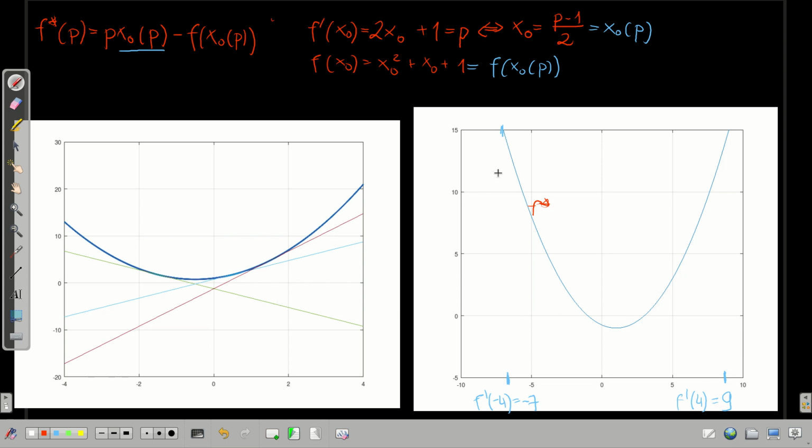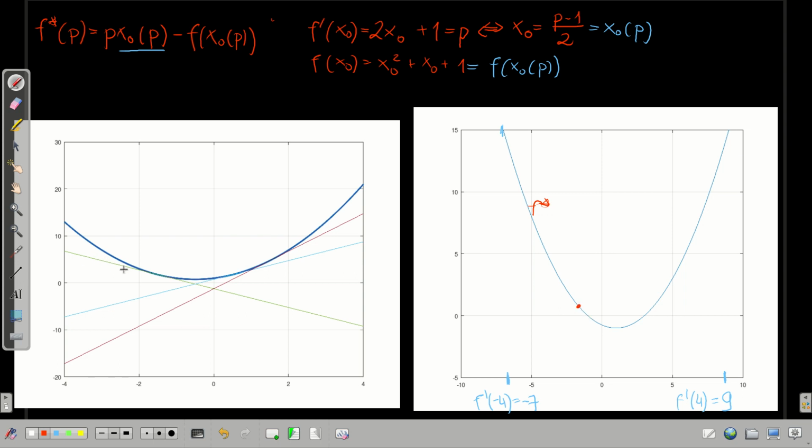And now compare our calculated example with the graphical pre-analysis. So we had here the tangent line with the slope of -2. So this should be approximately here.